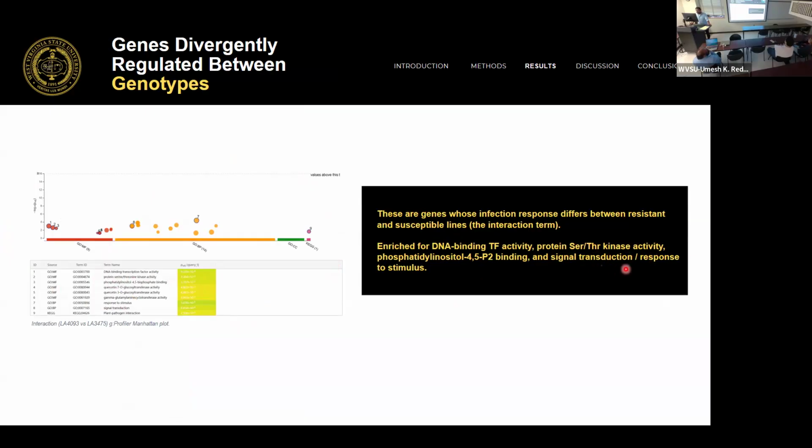Also, signal transduction in response to stimulus. So what we can say here is that these are the genes that can tell us why there is differential expression or differential activity among these two lines whilst having the common infection.